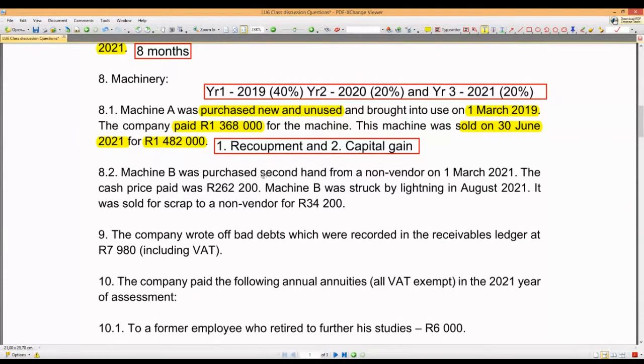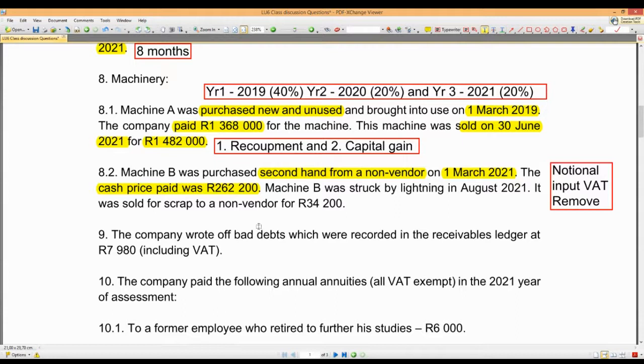Then for machine B, it's a second hand from a non-vendor. The cash price is 262,200. Now what I said is second hand, you've got notional input VAT, which we have to remove from that cash price when we do the calculation.